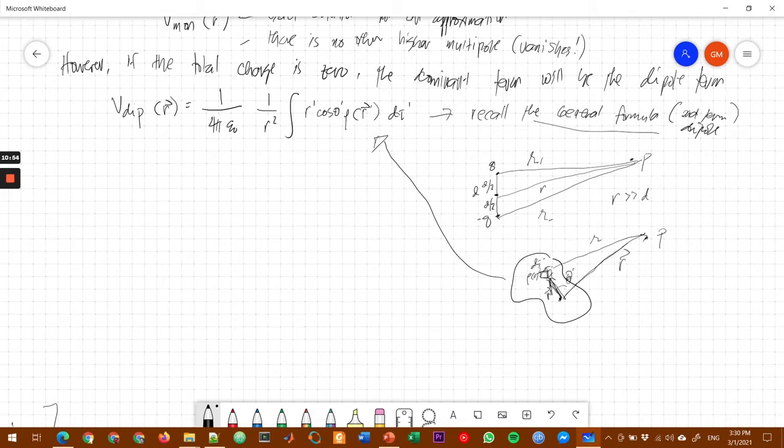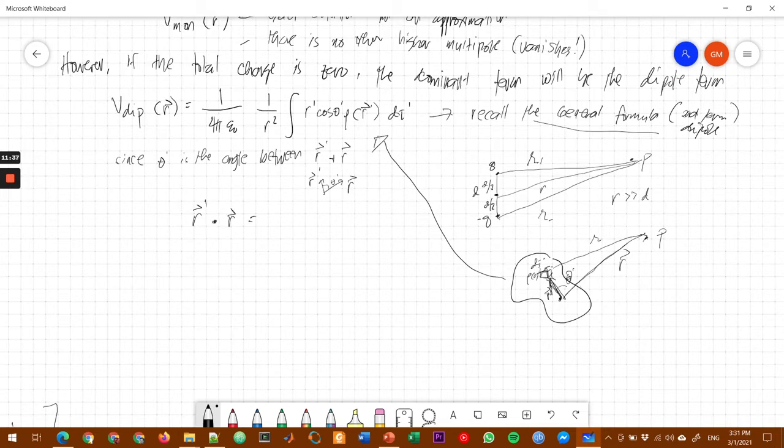Note that theta prime is the angle between r prime and r. If we draw again, we have r prime, then we have r, so this is theta prime. If we get the dot product of that, we have r prime dot r.